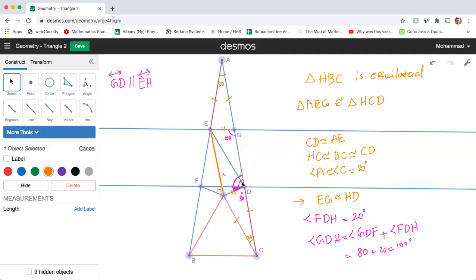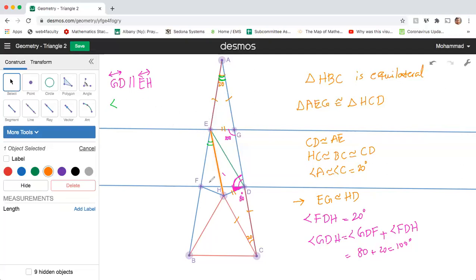Well, we want to use that to show that, right, if the line EH is parallel to GD, then this angle will also be 20 degrees because it will equal this angle. So there are corresponding angles, in fact, with this transversal AE.